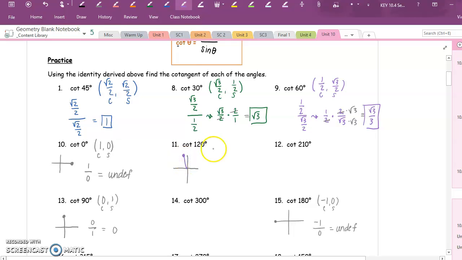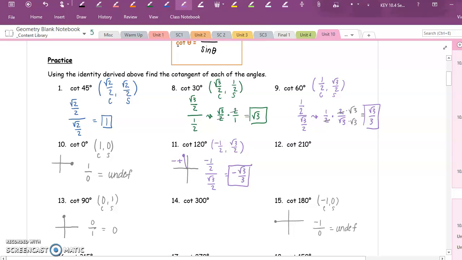There's 120. So 120 references 60. And because it's in this quadrant, it's negative, positive. So we have negative 1/2, comma, positive square root 3 over 2. So we have a negative 1/2 over a positive square root 3 over 2, which gives me a negative number. And we have negative square root 3 over 3.